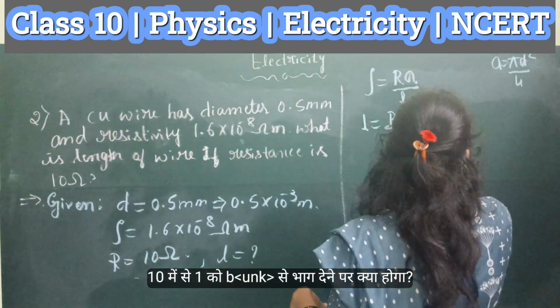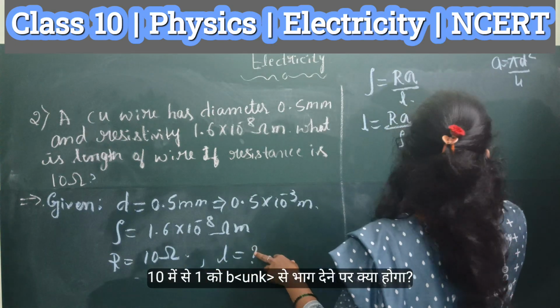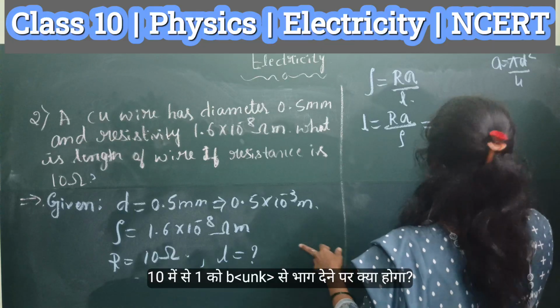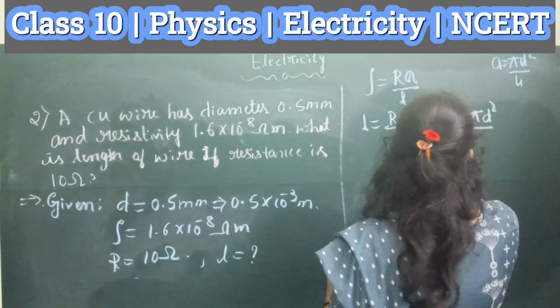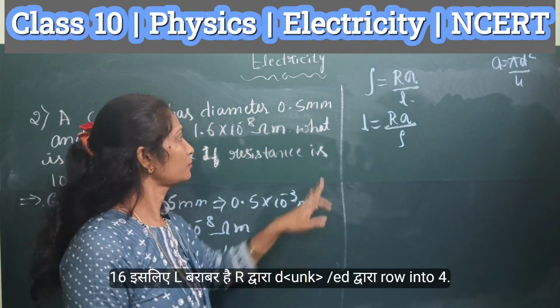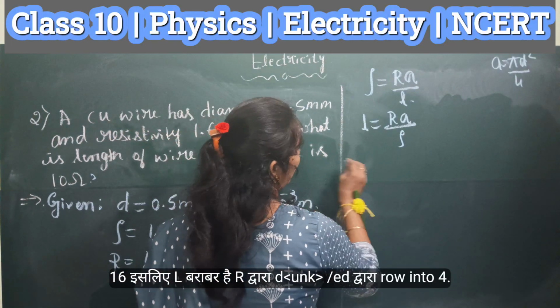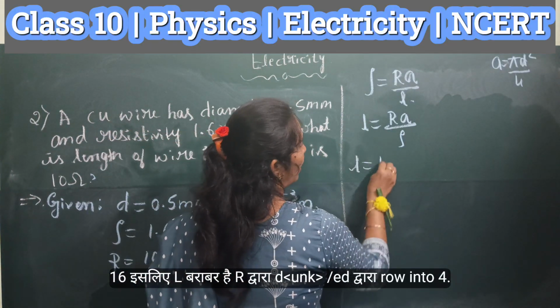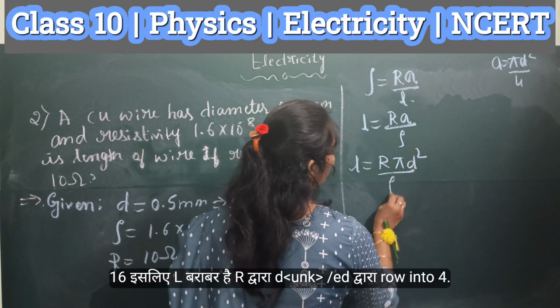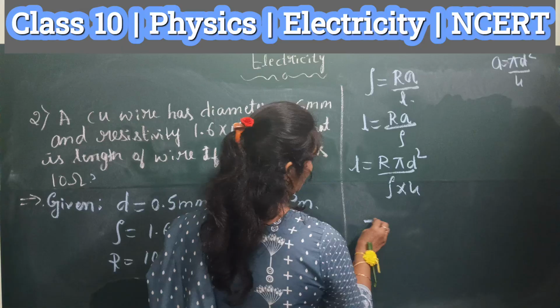What is R? 10 into, what is A? Pi d square divided by rho. What is rho? 1.6. So L is equal to R pi d square divided by rho into 4.